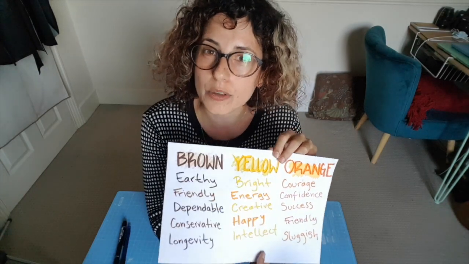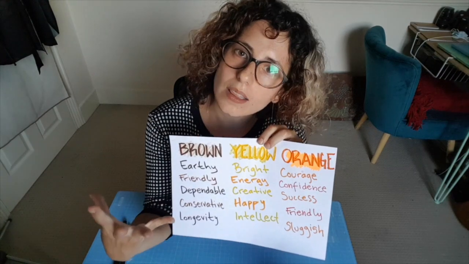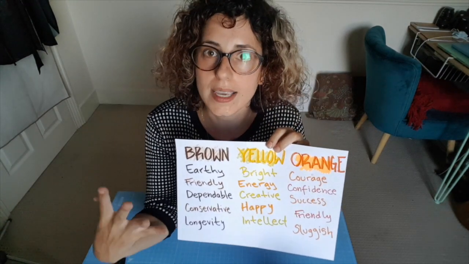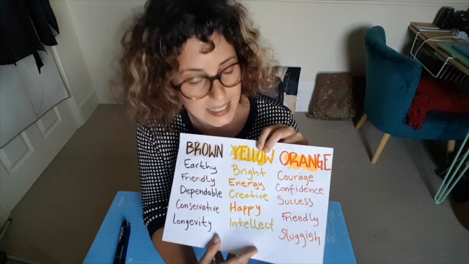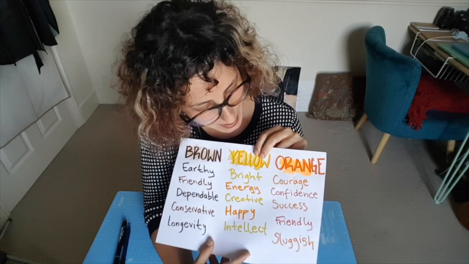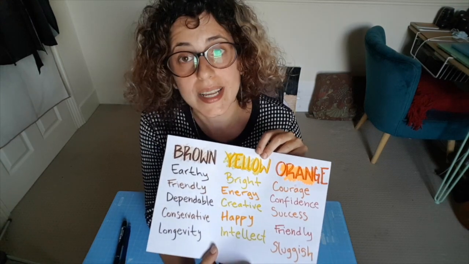Confidence, and you think about it, maybe if somebody's wearing orange, it's quite a loud color, so it's not somebody that's hiding, it's somebody that wants to be seen. It means success. Similarly to brown, it's a friendly color.